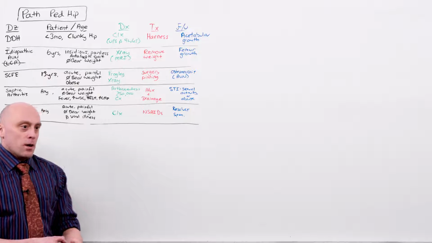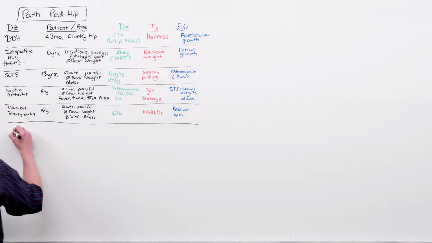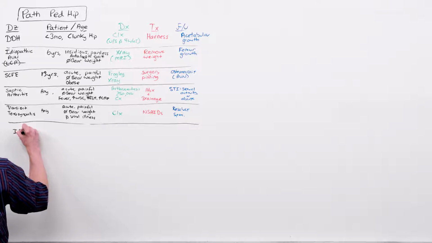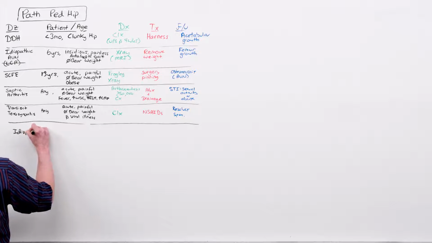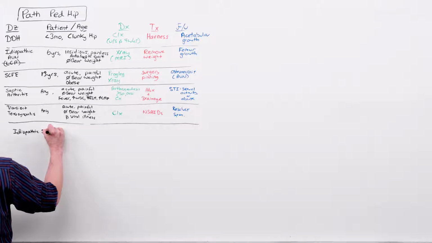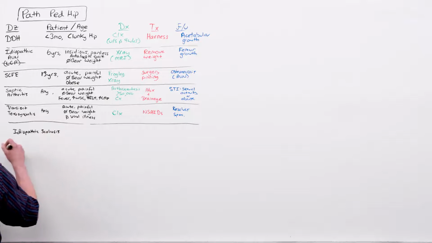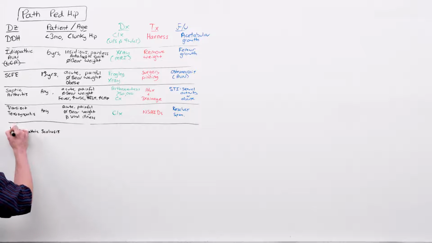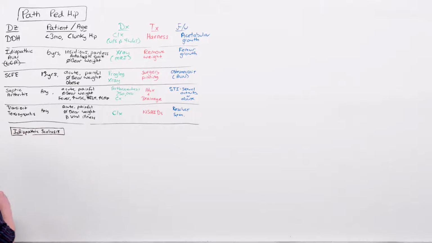I'm going to go into now idiopathic scoliosis. And it's idiopathic because it's not caused by something else. And when someone says scoliosis, they mean this.